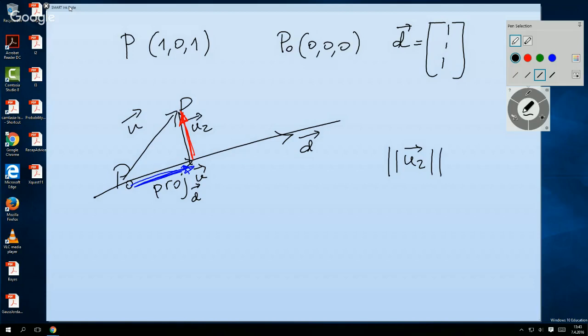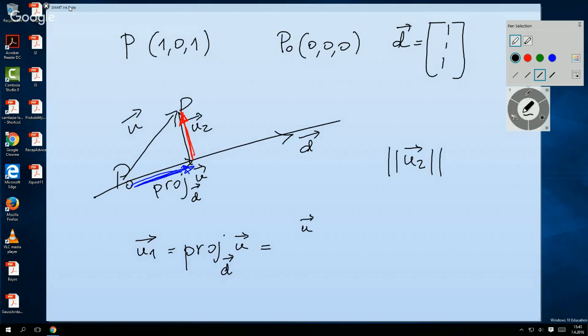The rest is merely calculation using what? Using the equation for the projection that, of course, you will write down on your A4 sheet of paper. It says that the projection, which we have very often called U1, the projection of the vector U on D, is nothing but what?